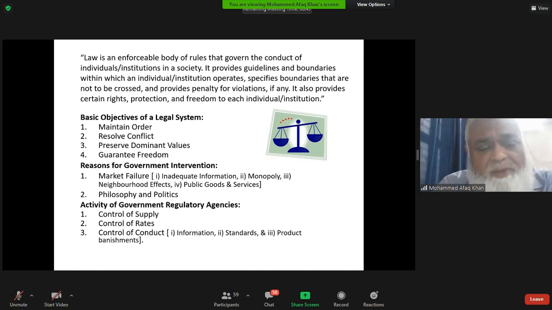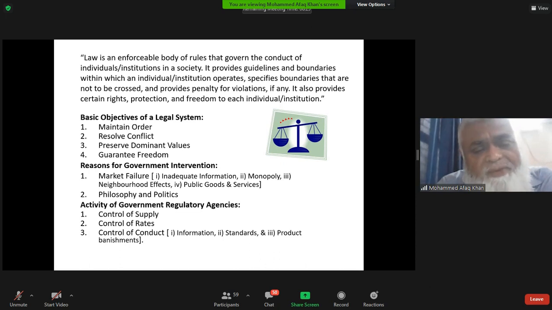Then the activity of the government regulatory agencies. The regulatory agencies of the government, like the Reserve Bank of India and IRDA, which is related to the insurance companies.